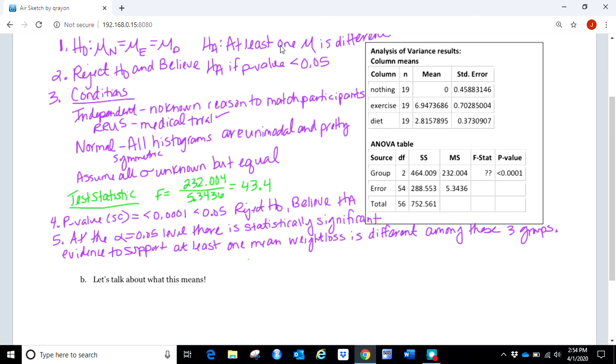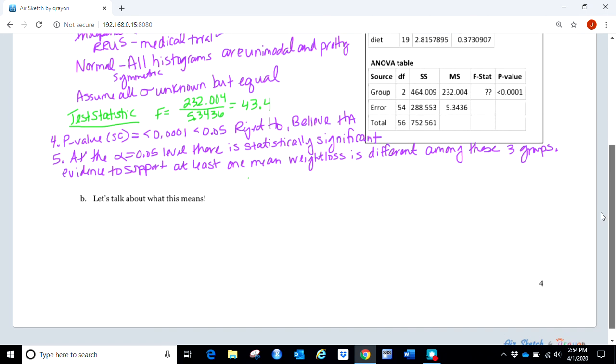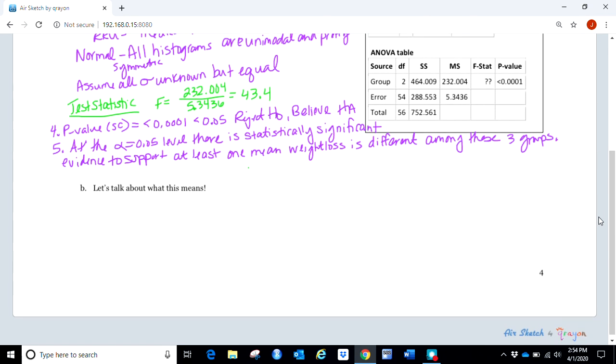However, unlike many hypothesis tests that we've done, this one leaves us kind of unsatisfied with this interpretation, because it's just telling me that at least one of the mean weight losses is different. But that's not being very specific, and we talked that the alternative hypothesis is really not that specific.